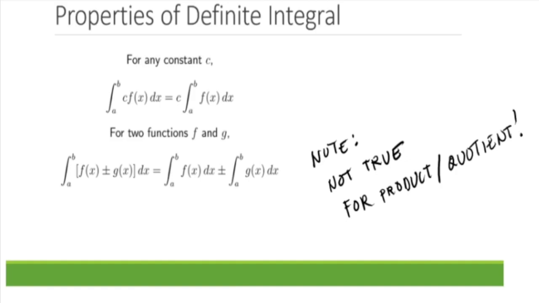Okay, so sana walang gagawa na paghihiwalayin tapos kukunin yung product or kukunin muna yung antiderivative then saka kukunin yung product. So it does not work that way.